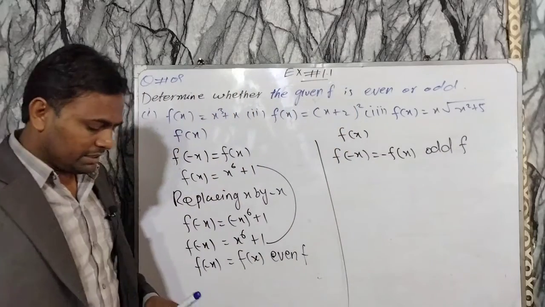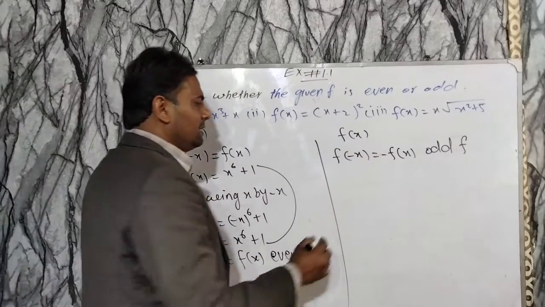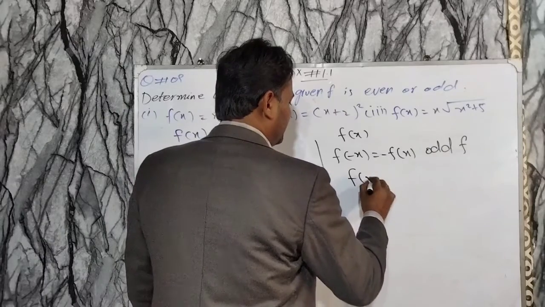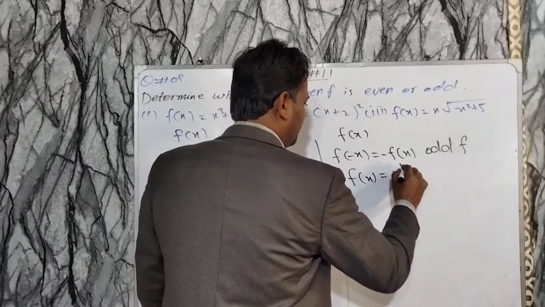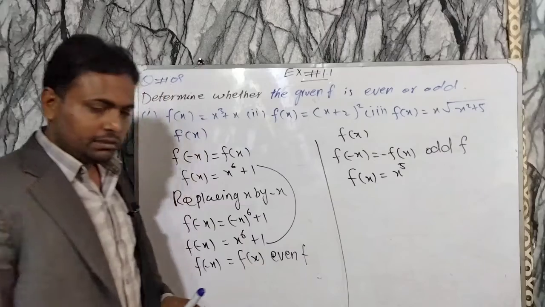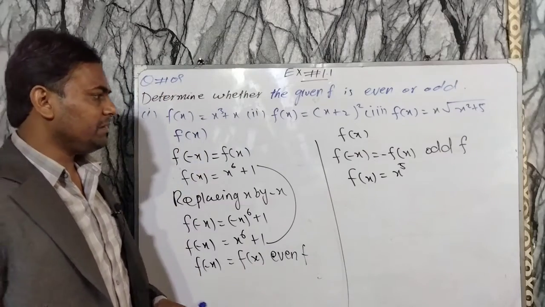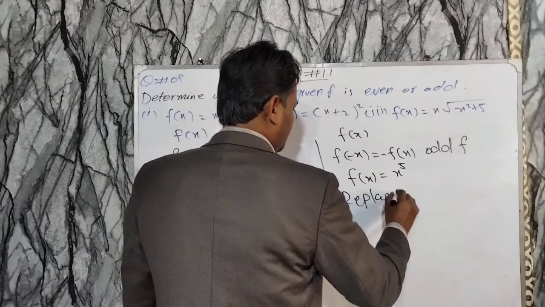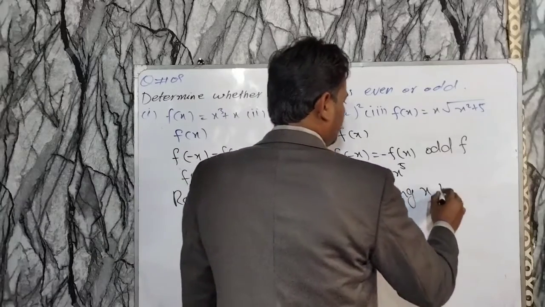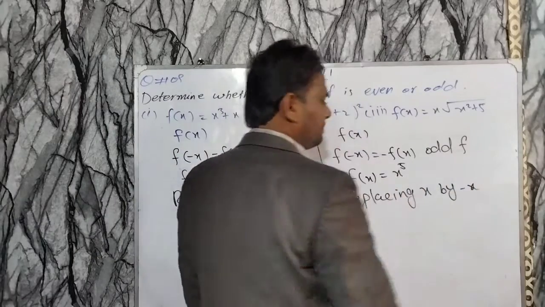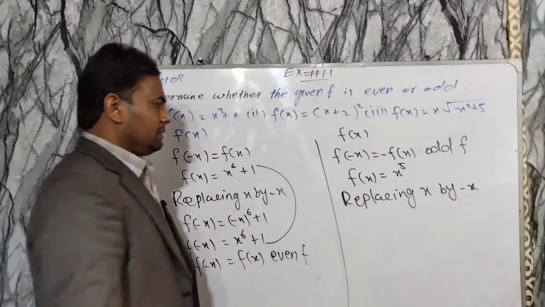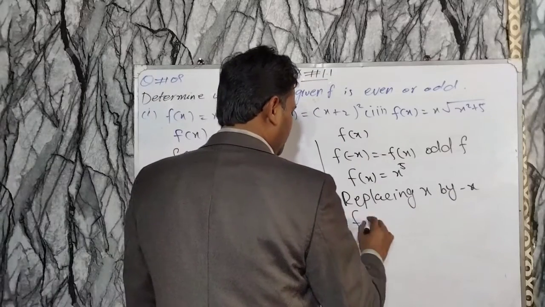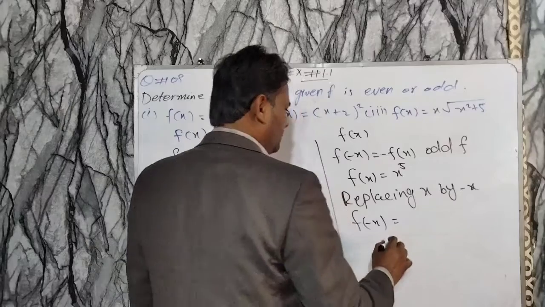Now we take another example of odd functions. Let's suppose we have a function f of x equal to x raised to power 5, and I replace x by negative x. I write here: replacing x by negative x. Now we determine whether this function is an even function or an odd function.